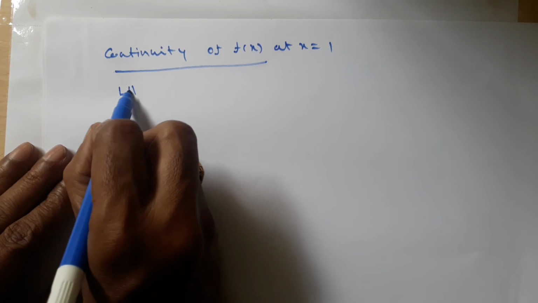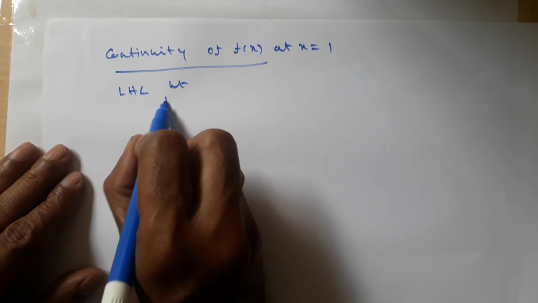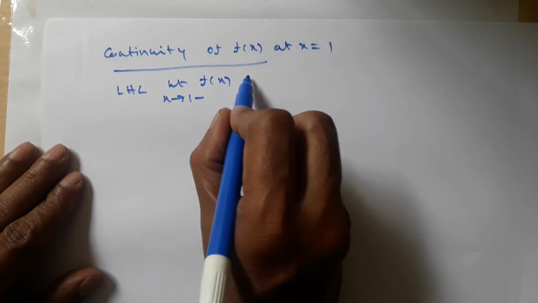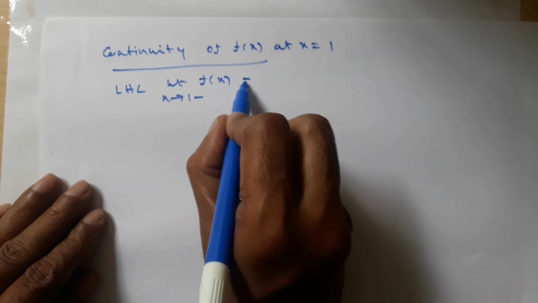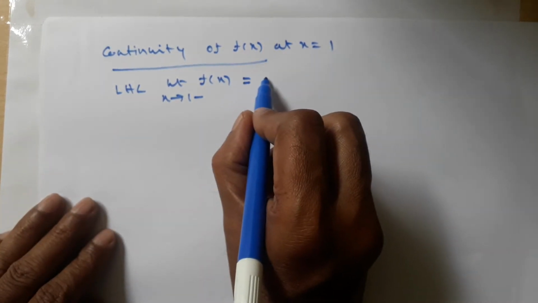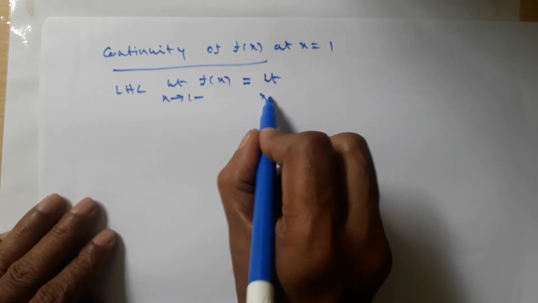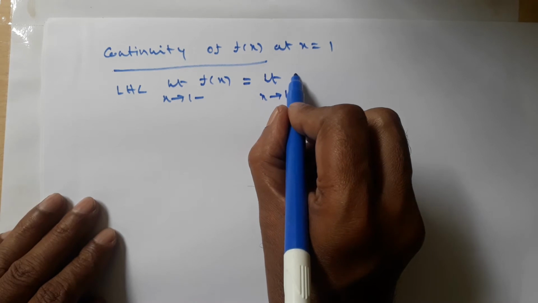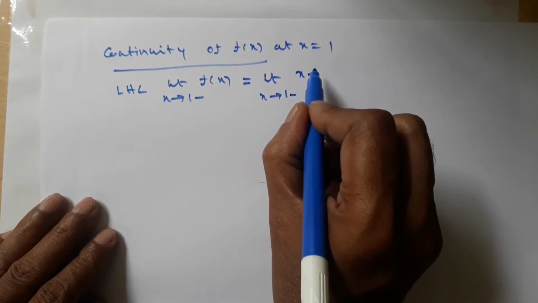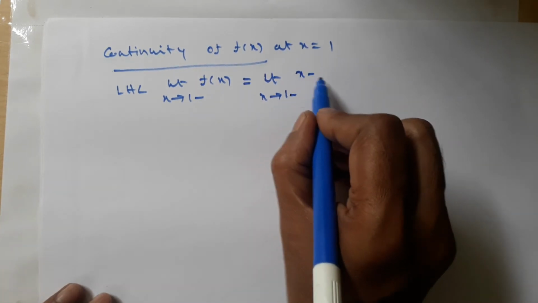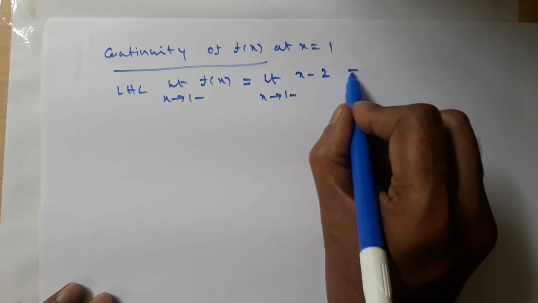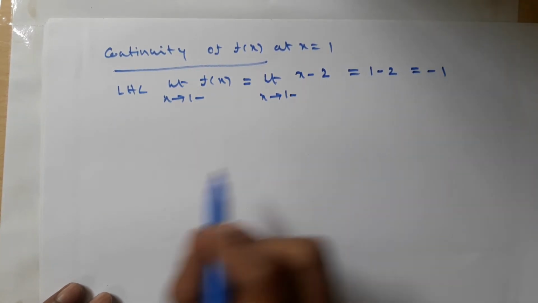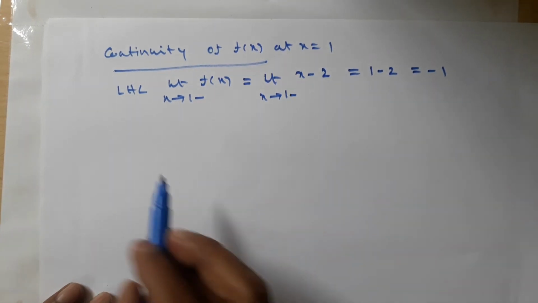So the LHL: limit x tends to 1 minus of f of x is equal to x minus 2. That is limit x tends to 1 minus, the function defined as x minus 2, equal to 1 minus 2, which is minus 1. So the LHL value is minus 1.